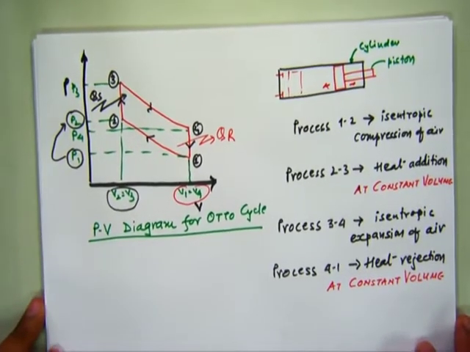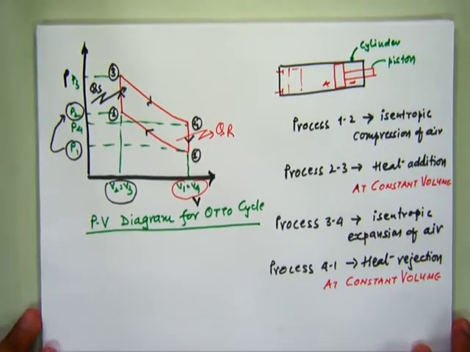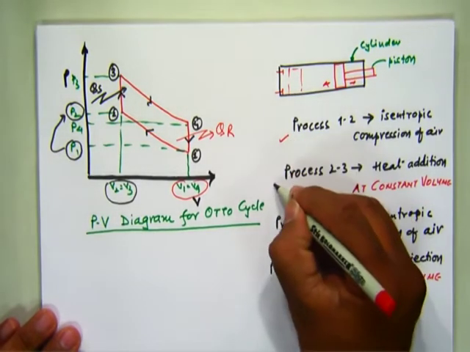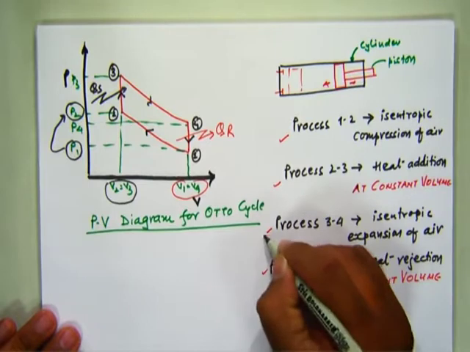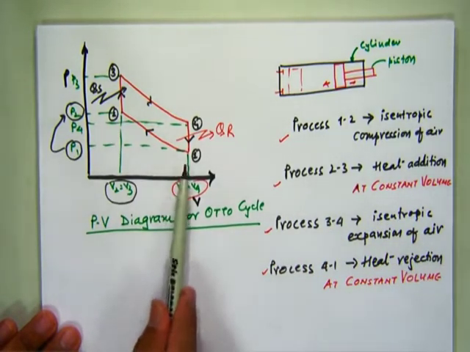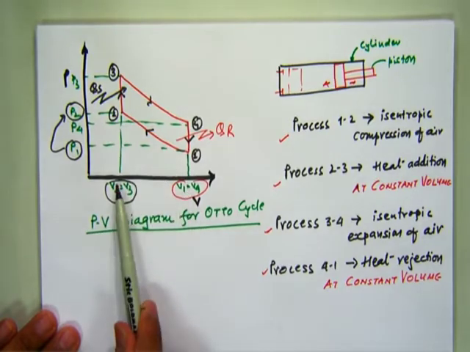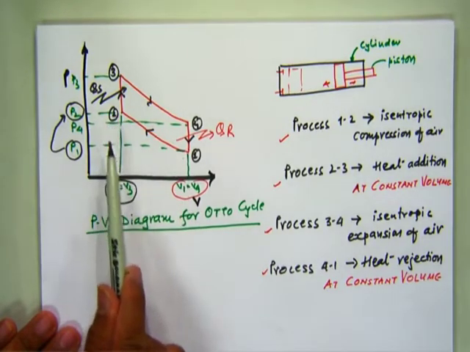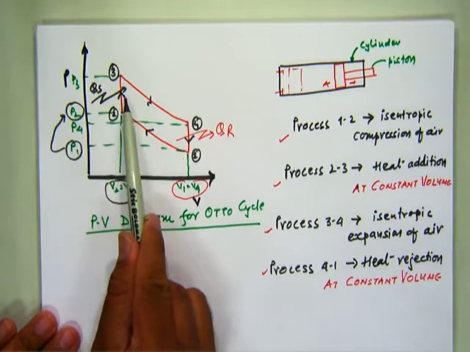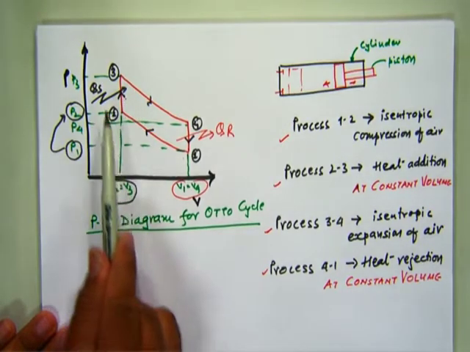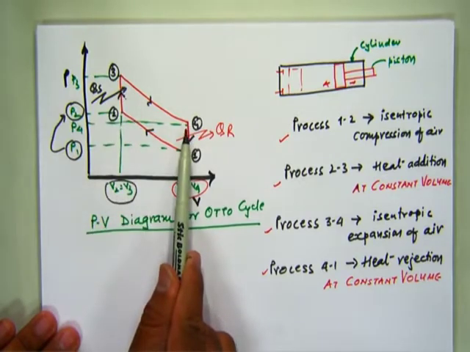So after doing this analysis, or you can say the understanding of these four processes, that is process 1-2, compression of air takes place, volume reduces, pressure increases. 2-3, heat we are supplying, the addition of heat takes place at constant volume. 3-4, expansion of air takes place.